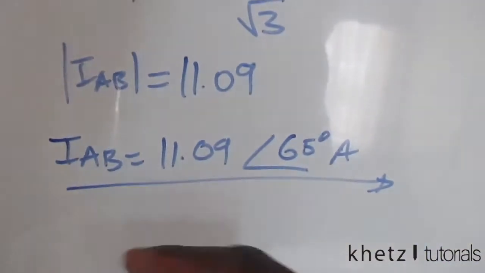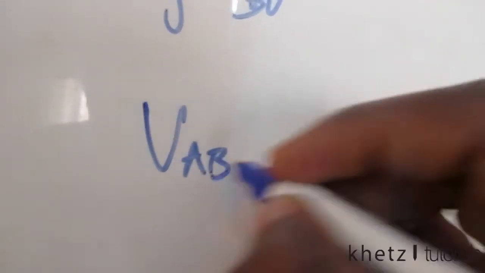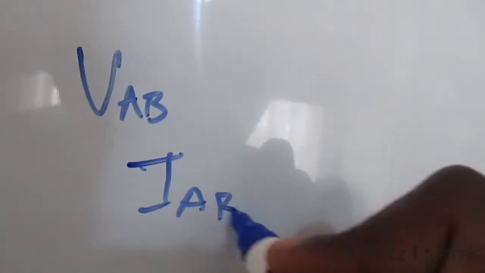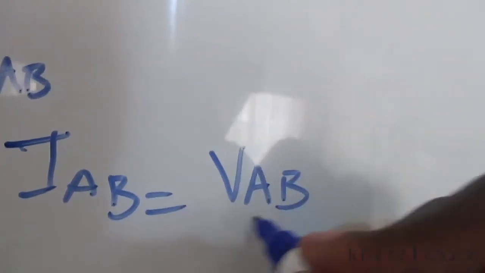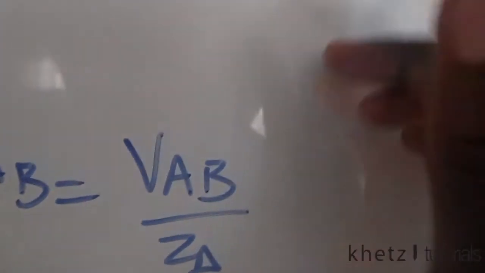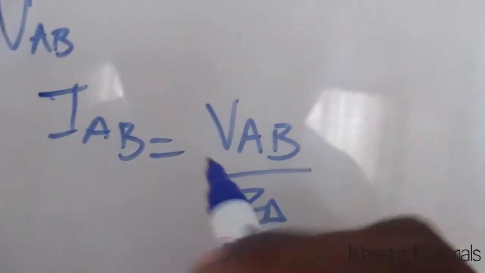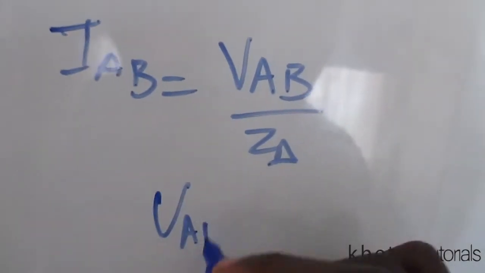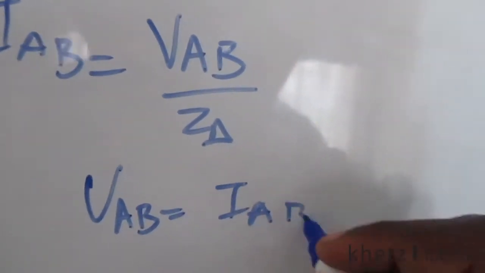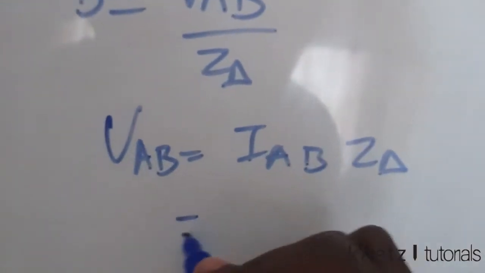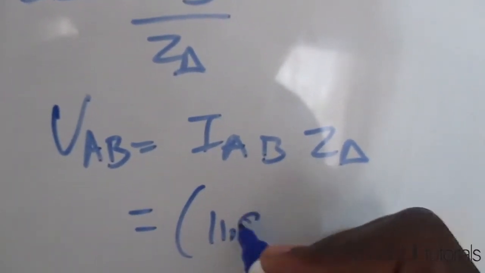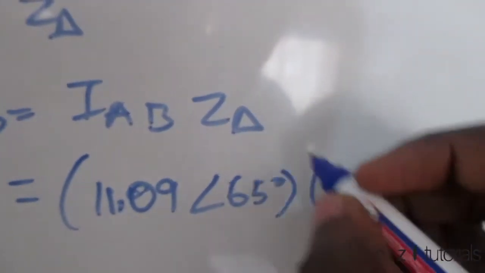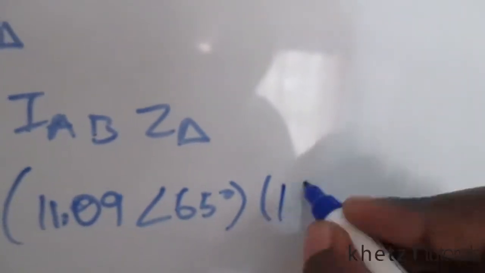Now to find the phase voltage VAB, we can use this formula. We know that the phase current is equal to the phase voltage divided by the delta impedance. We now have IAB and we're given this impedance in the question. So you can say VAB is equal to IAB multiplied by Z delta, and we just substitute 11.09 with an angle of 65 degrees multiplied by this impedance, which is given to us in the question.